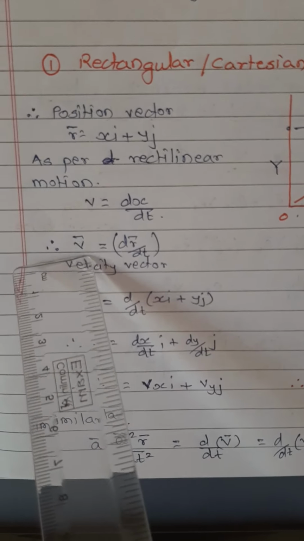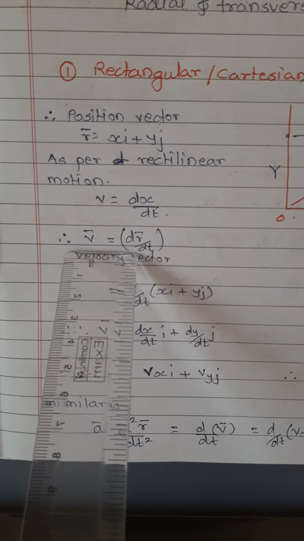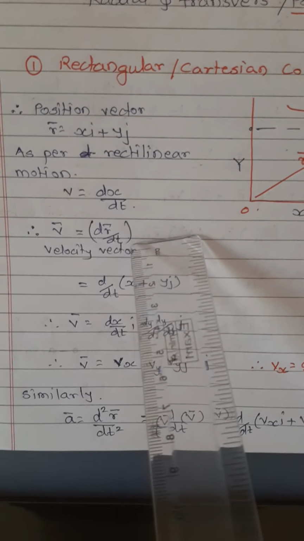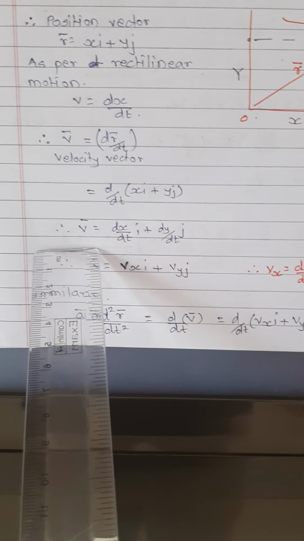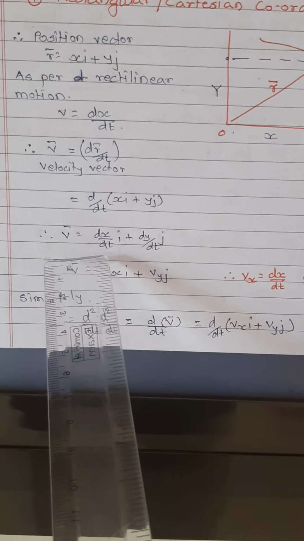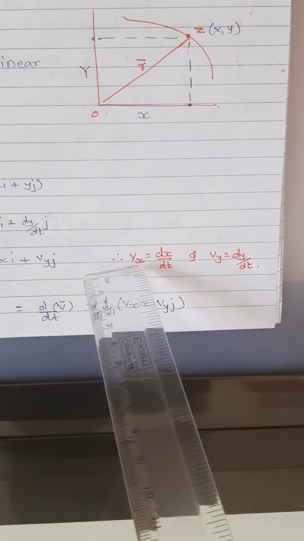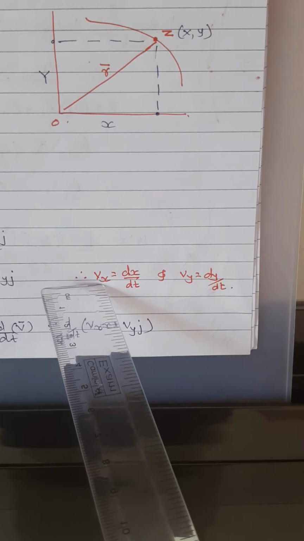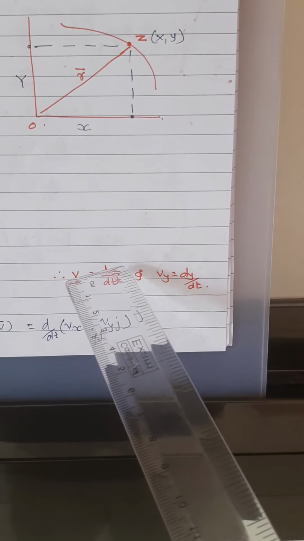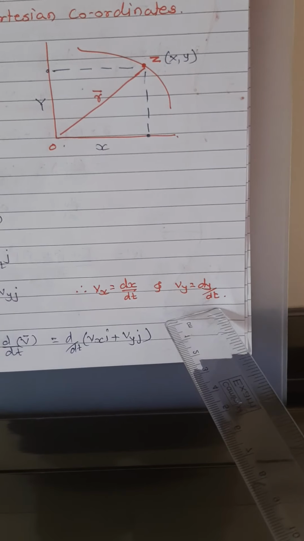Then from this definition we can write v bar as dr bar by dt, and after differentiating it we get v bar = dx/dt i + dy/dt j, wherein vx, that is the component of velocity along the x-axis, will be dx/dt, and the component of velocity along y will be dy/dt.